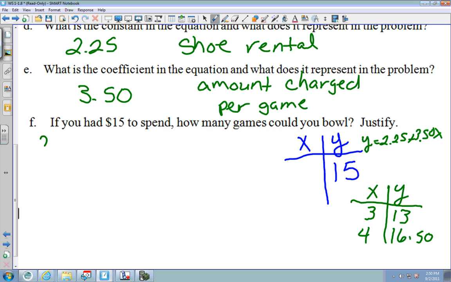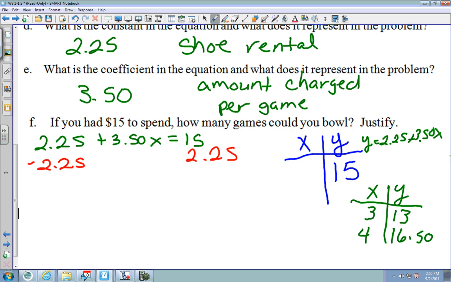If I take 2.25 plus 3.50x equals 15, well, let's solve for x. I'm going to subtract 2.25 from each side. And I have 3.50x equals, what is that?